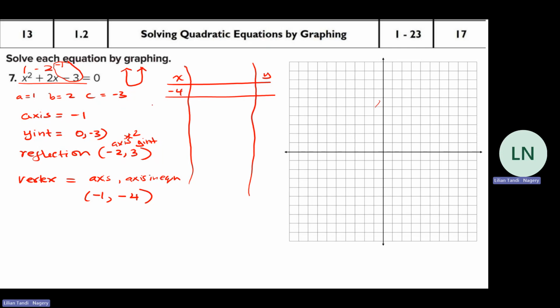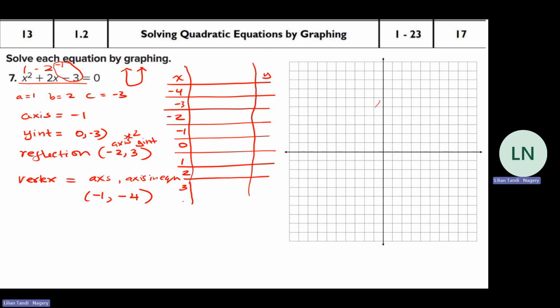So I did a table over there. -3, -2, -1, 0, 1, 2, 3, and 4. So x squared plus 2 times x minus 3.